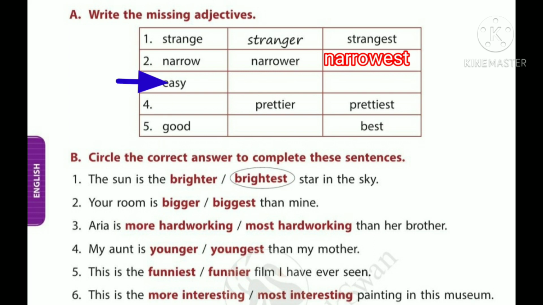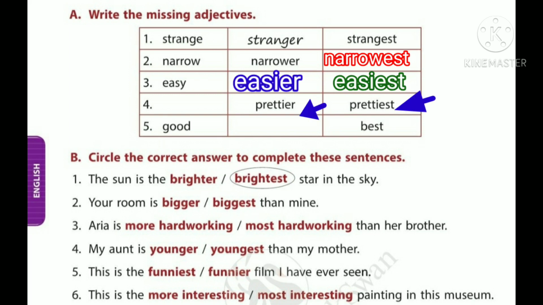Third one, easy. What is the comparative degree? Yes, easier. E-A-S-I-E-R, easier. And superlative, easiest. E-A-S-I-E-S-T. Fourth one. Positive degree has not been given. Comparative and superlative have been given. What is it?